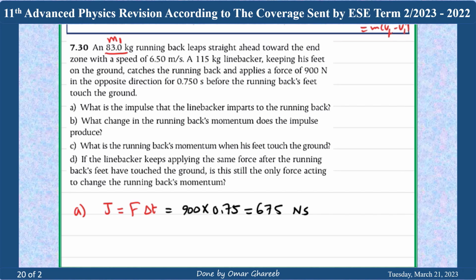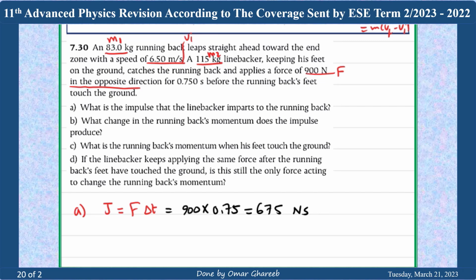Leaps straight ahead toward the end zone with the speed, this is the initial speed, V initial. 115 kilogram, this is the second mass, the linebacker, keeping his feet on the ground, catches the running back and applies a force, this is the force, in the opposite direction. It is in the opposite direction because they want to stop him. 0.75.